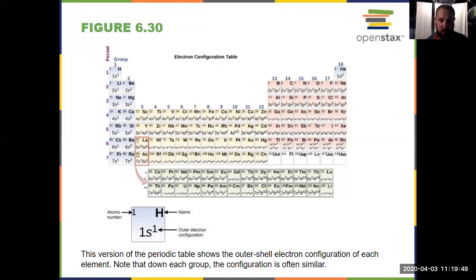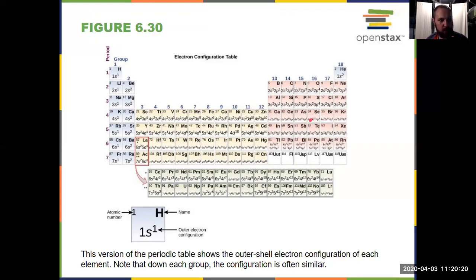A quick tip: if you're trying to quickly identify what noble gas you should be using in your abbreviated electron configuration, identify what atom you're trying to write the electron configuration for. Let's say we were trying to use tellurium, number 52. Then you identify the noble gas with the highest atomic number without going over the atomic number of whatever you're working with.